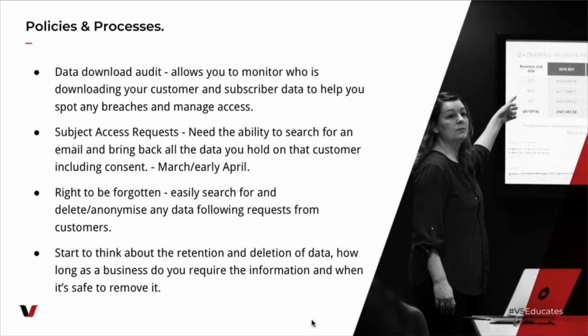So you'll be able to still get your sales information, but it just won't be linked to a customer's address, name, etc. And then you need to start to think about your retention and deletion of data. So how long as a business do you need that information, and when is it safe to remove it? So again, later this month we'll be rolling out automated processes to say over X amount of days, months, years, start to delete information automatically. And obviously with the subject access requests, we'll also have the ability for you to do that manually.